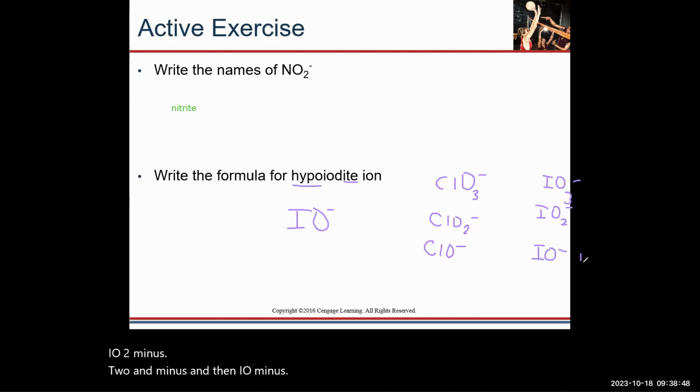So this would be our hypoiodite, iodite, and iodate. Okay.